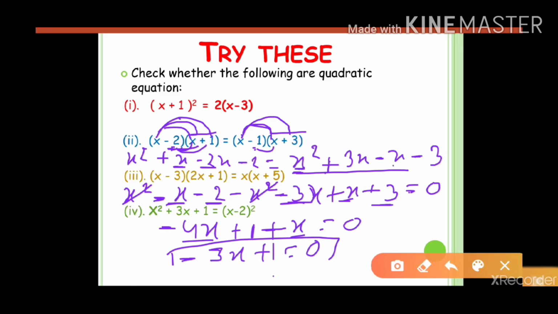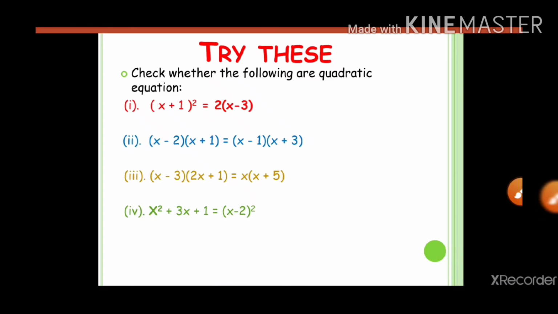Now we get an equation minus 3x plus 1 equal to 0. In this equation, there is no term of x square. Therefore, we can say that this equation is not a quadratic equation.